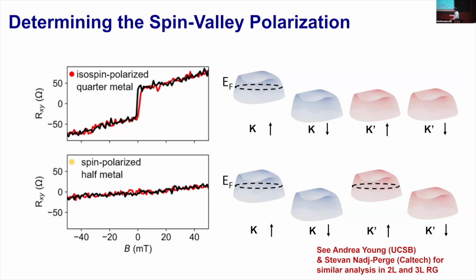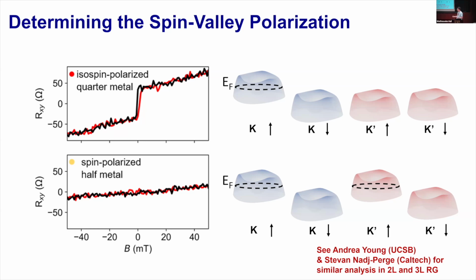Then you have to do something else to determine whether it's the spin or the valley symmetry that is broken. For example, if you have a quarter metal, which means 1 out of the 4 bands is occupied, as we said, this band has large Berry curvature and orbital magnetism. It will naturally give you spontaneous time-reversal symmetry breaking, and you get hysteresis in the scan of the Hall resistance versus magnetic field. You get a jump, a little loop that corresponds to the anomalous Hall effect of that occupied isospin band.